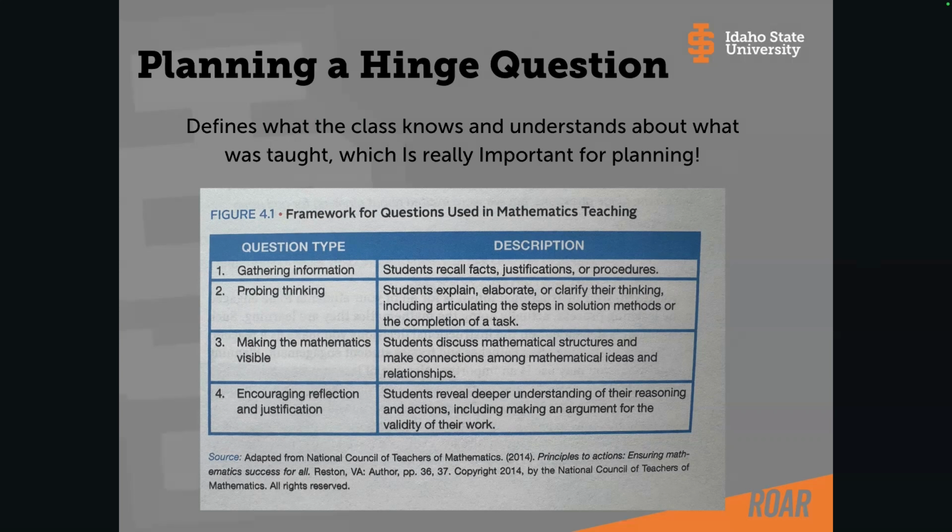Or am I having them use some kind of structure or connection or relationship? So, what kind of manipulatives might they be using? Or is this a deeper argument or reflection, or maybe it's like a journal entry or a longer, I don't know, half sheet of paper or something. So, these are just different question types that you can be thinking about for your hinge question.